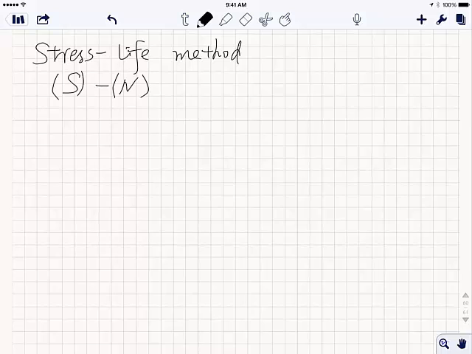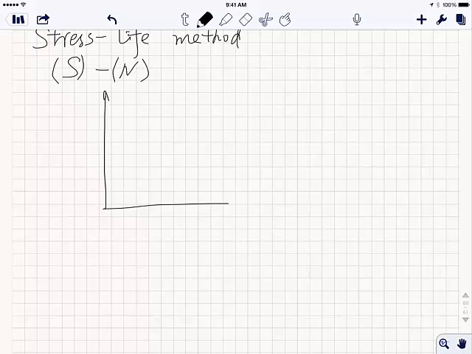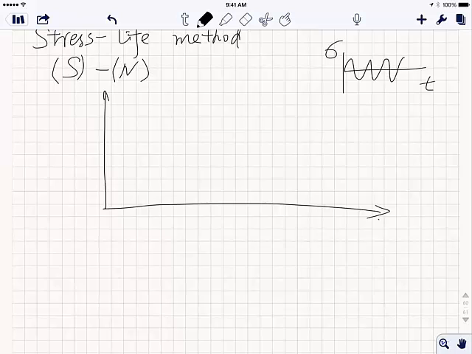I'm going to summarize this method in just one plot. The x-axis here is the number of stress cycles. Now the stress can go like this: stress as a function of time can be positive, negative. So this is called one cycle, from here to here, right? When it finishes one period, that's called one cycle.